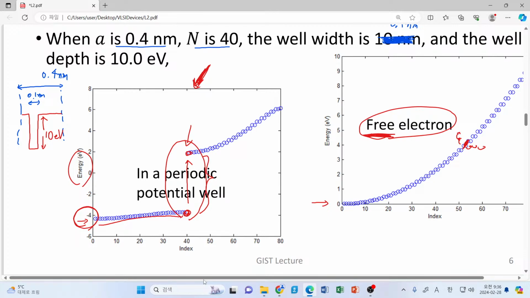The reason why we have the so-called band gap in the crystal structure is its periodic potential. If we don't have any periodicity in our potential profile, then we will not have this kind of energy difference between two neighboring K points, so there will be no band gap at all.